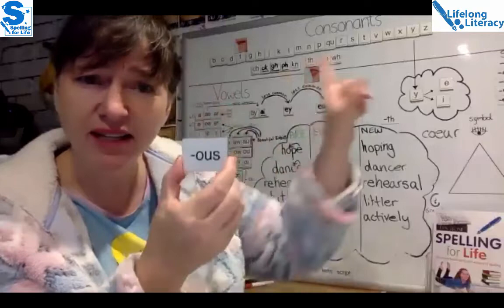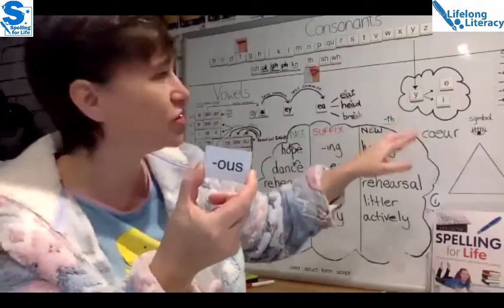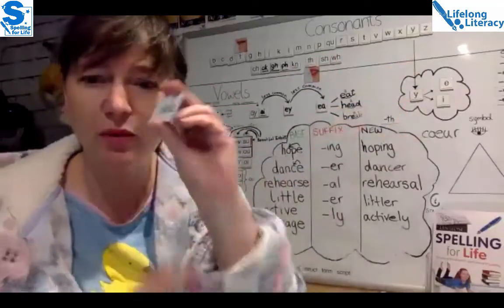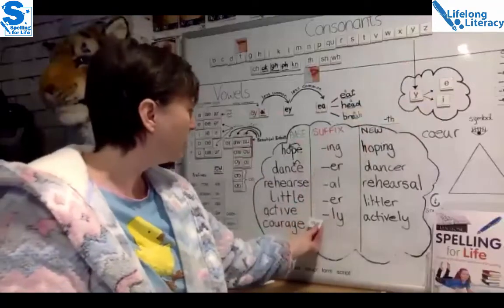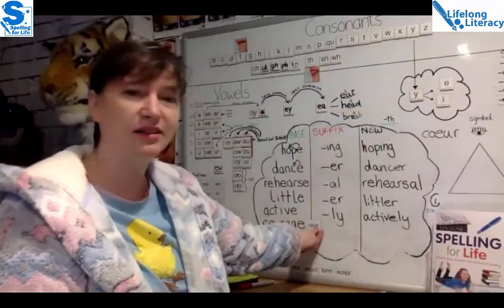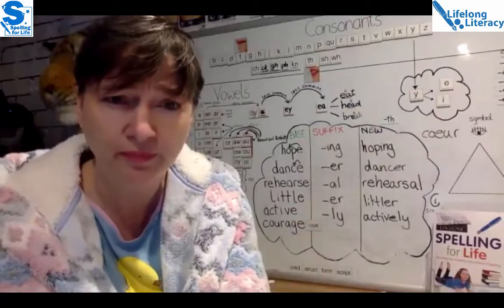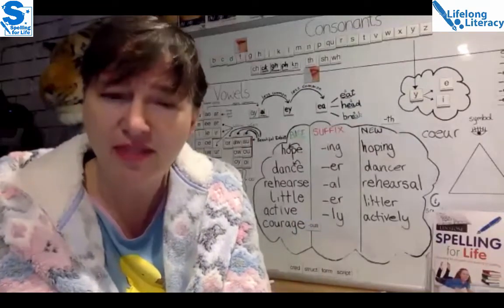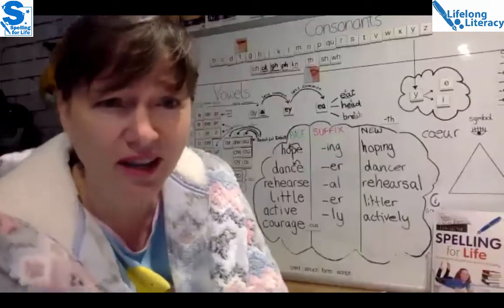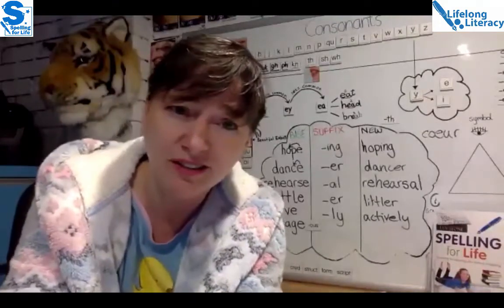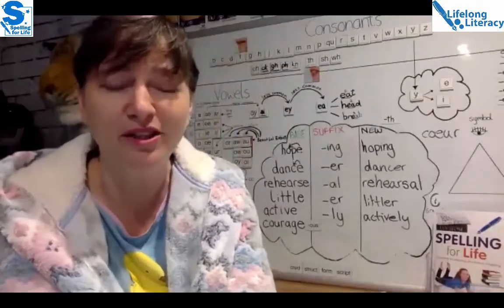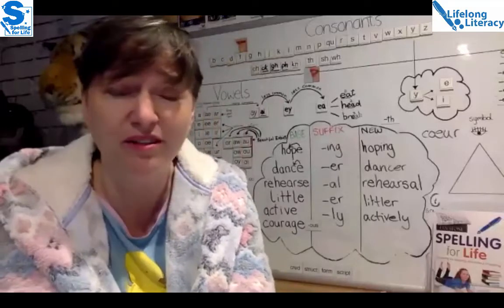The only three letters that can make G say J are E, I, and Y. And that's why when you write courageous, you do not replace the final silent E, because it's still doing its job. O won't do the job. And that's why courageous, advantageous, outrageous continue having the final silent E, even with the vowel suffix.